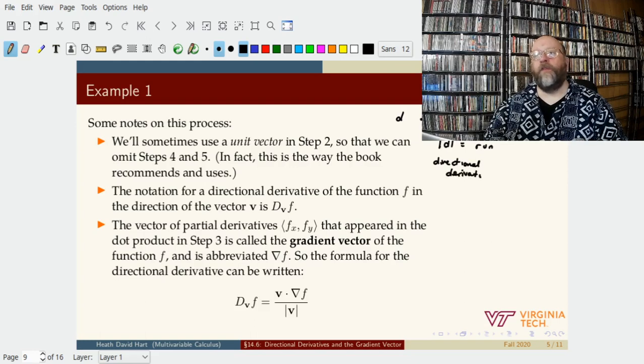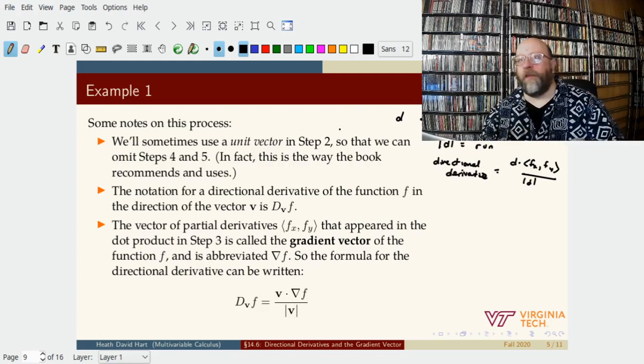In other words, the derivative in this direction is the rise divided by the run. I did this notation down here at the bottom. We'll talk about that notation in a moment.